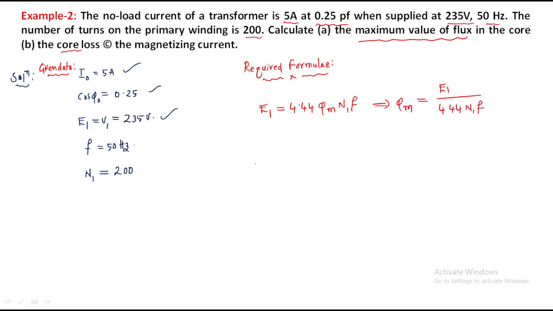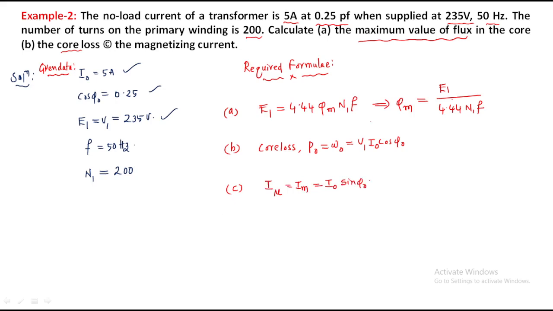And then the core loss component. We all know that under no load condition, the core loss P naught, or W naught, equals the supply voltage into I naught into cos phi naught. Then the third one is the magnetizing component of current, I mu, which equals I naught into sin phi naught.